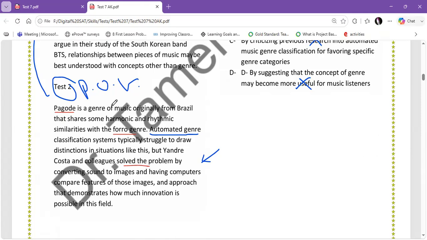Now we have two genres that look like each other. They have similarities in harmonic and rhythmic features. The problem is that the automated genre system cannot differentiate between two music genres. But there is someone who solved the problem by changing the sound into pictures, or into images.